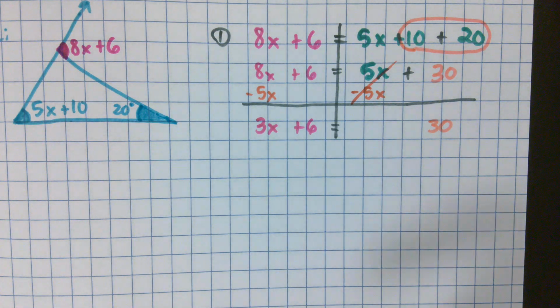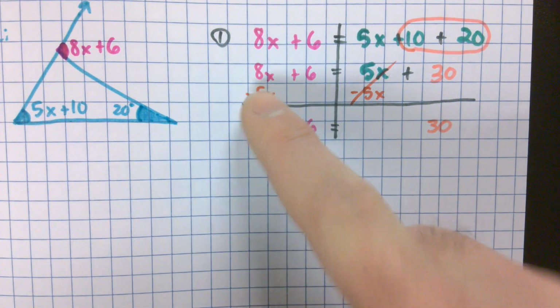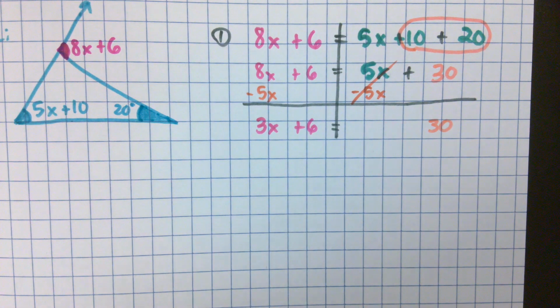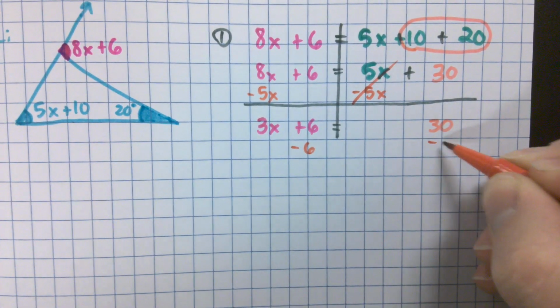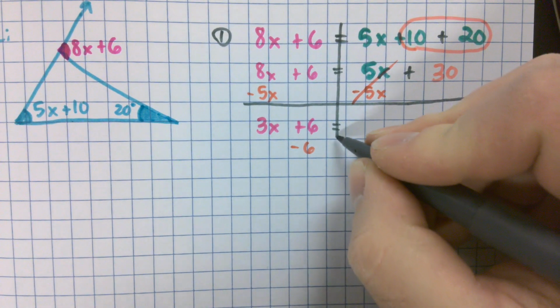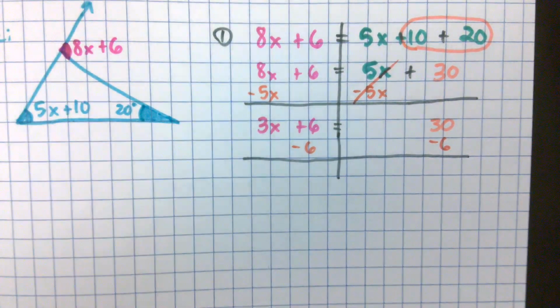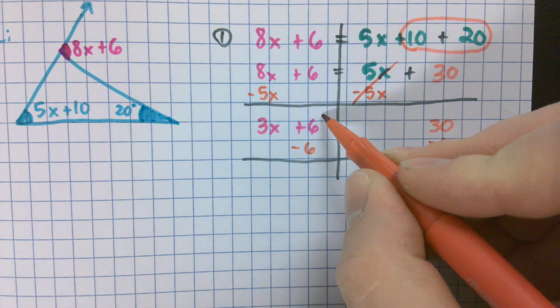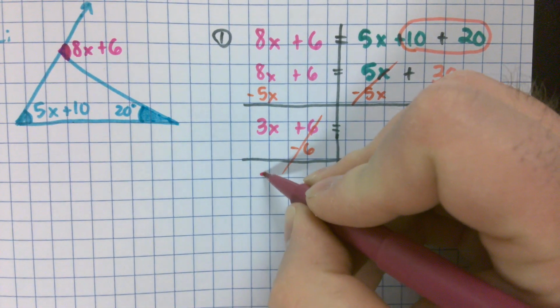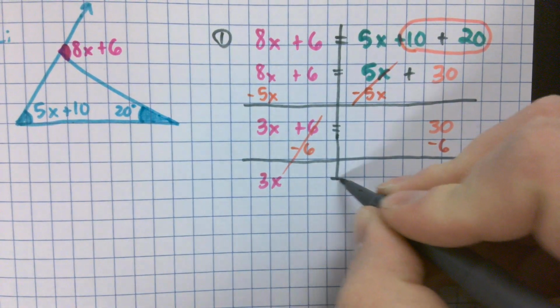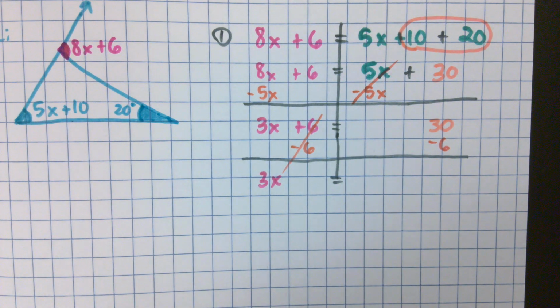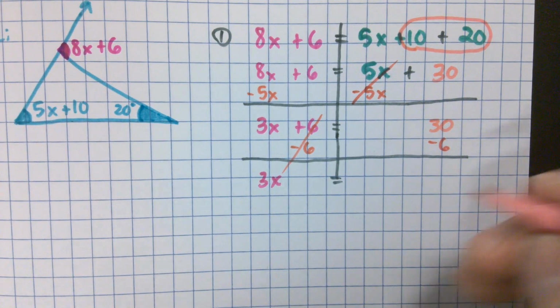Subtract the 6. I brought my variable term to the left. I'm going to bring my constant term to the right by subtracting 6. What is 6 minus 6? Nothing. 0. So I'm left with 3x equals 30 minus 6 gives me 24.